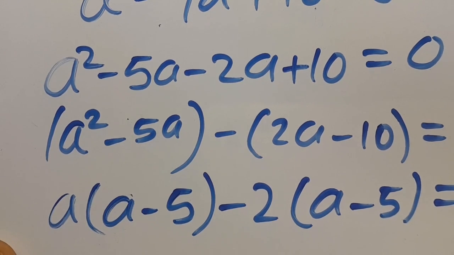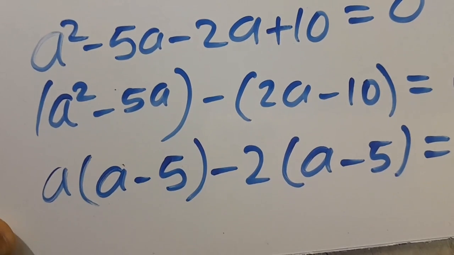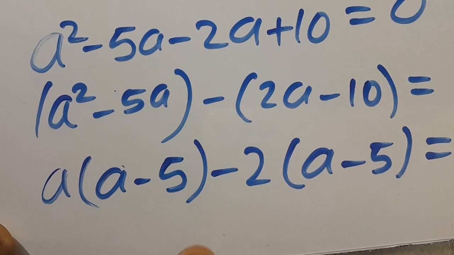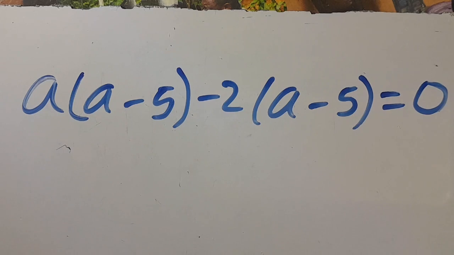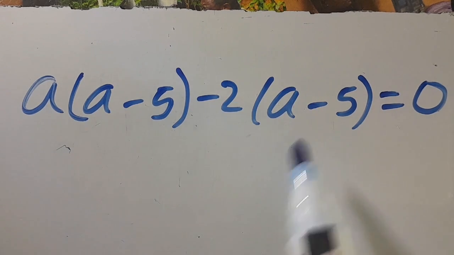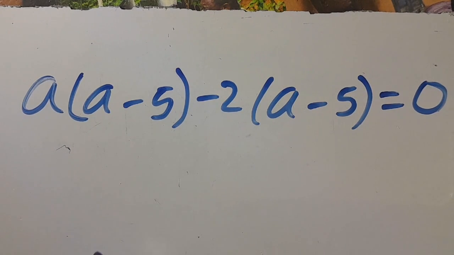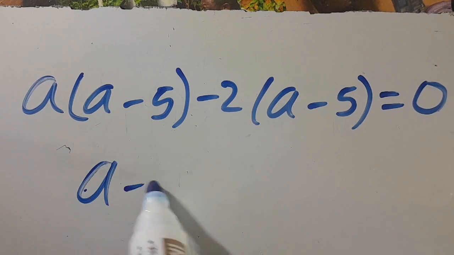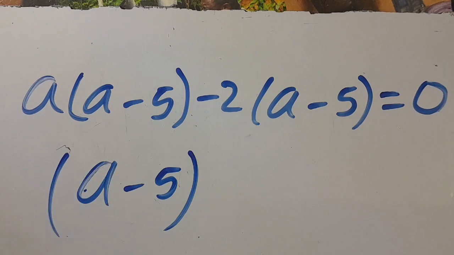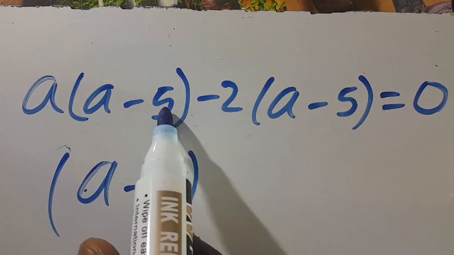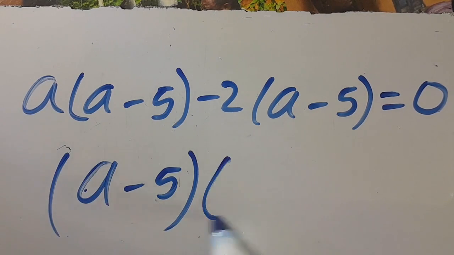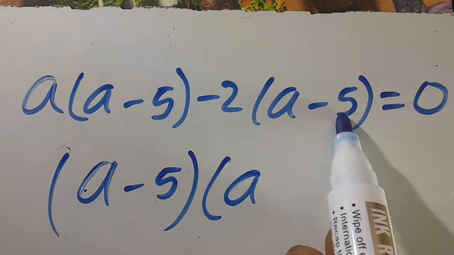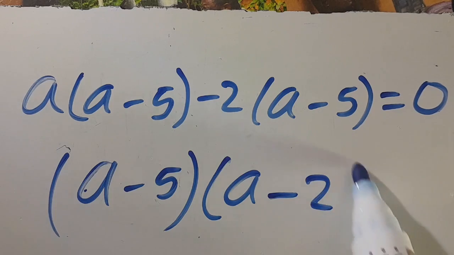So we can see that we have a minus 5 in common. So we can factor it out. Here will now be a minus 5. Then the whole of everything here divided by this, we have only a. The whole of everything here divided by this, we have only minus 2.